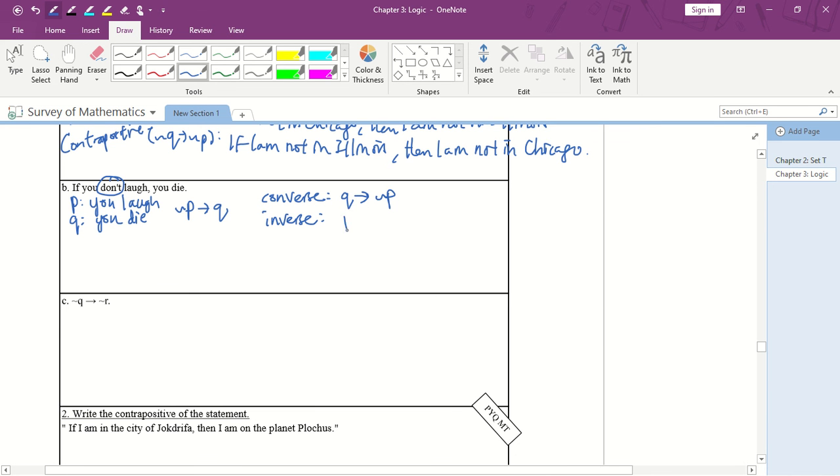So it will be P to negation Q. And remember, if it is the contrapositive, it will switch the place and change the sign at the same time. So it will be negation Q to P.